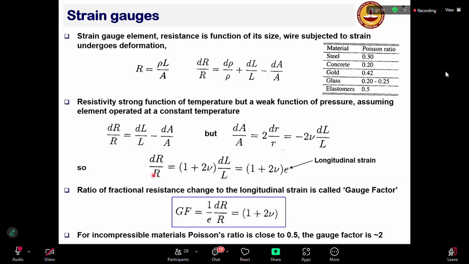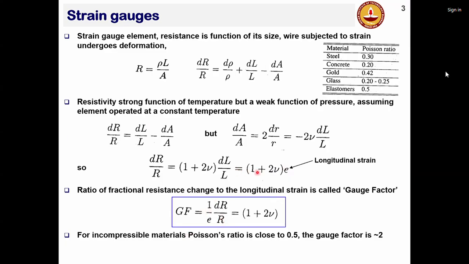That means dR over R divided by dL over L, and that gives you 1 plus 2 nu. So the gauge factor of a strain gauge, which is characteristic of a strain gauge, is simply 1 plus 2 nu.